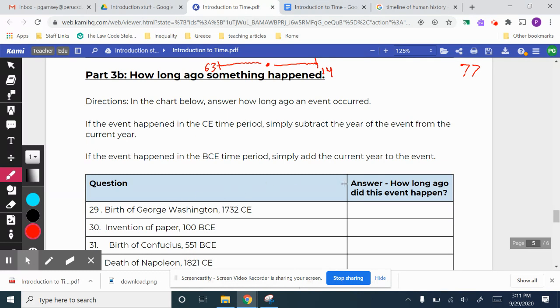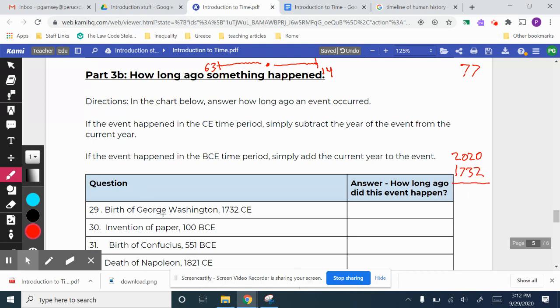So how long ago was the birth of George Washington? All right, we're going to take the current year, 2020, and subtract from it the year of the event.